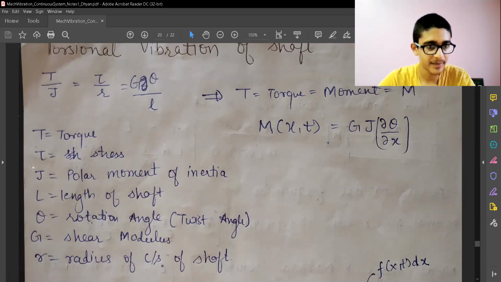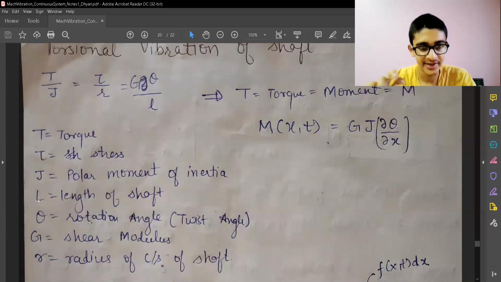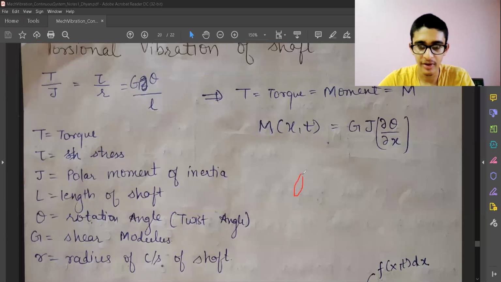So T means the torque, tau means the stress, that is the shear stress, J means polar moment of inertia, that is the moment of inertia along the z direction. So you must remember how we define the rod also, and what the z axis is for us.